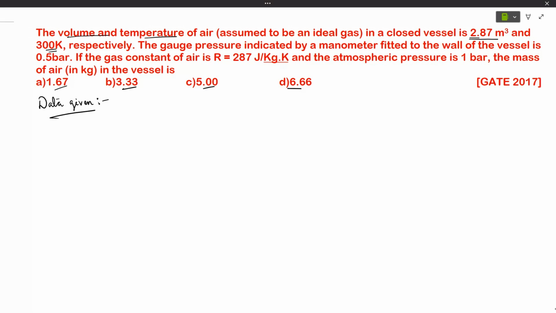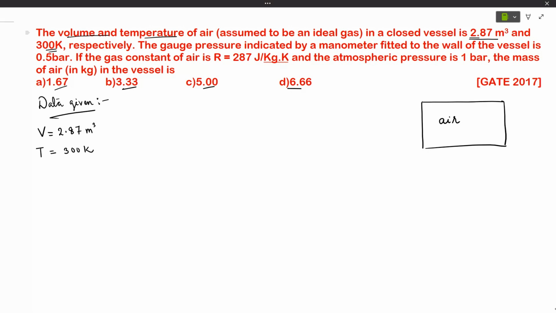So we consider the volume V equal to 2.87 meter cube and temperature of air within the closed vessel is 300 Kelvin. Let's consider a closed vessel here. This closed vessel contains air as an ideal gas.